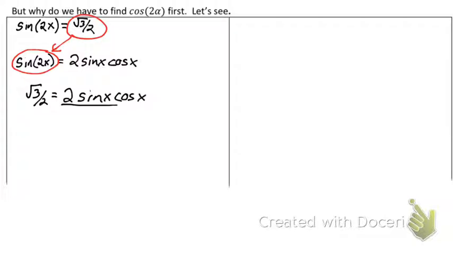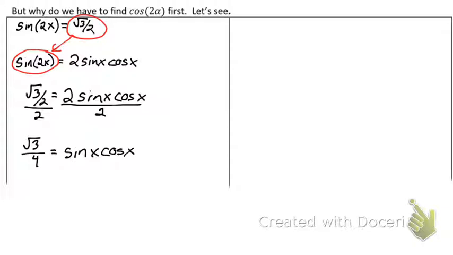The only thing I could do to simplify this any further is divide both sides by 2, which is going to turn into square root of 3 over 4 equals sine of x cosine of x. Does that look simpler?